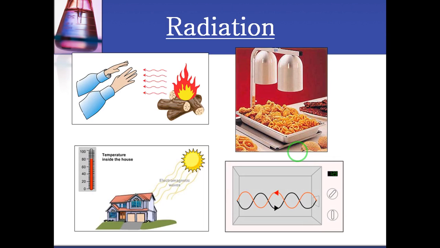A microwave emits radiation. The sun emits radiation. If you sit in front of an open fire, that open fire emits radiation. If you heat up food, that is also radiation.